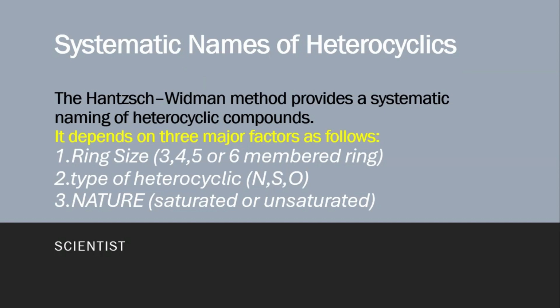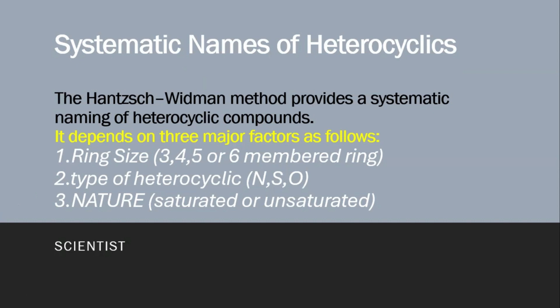Heterocyclic nomenclature depends on three major factors. First of all, the ring size. The heterocyclic may be 3-membered, 4-membered, 5-membered, 6-membered, 7-membered, 8-membered, and so on.